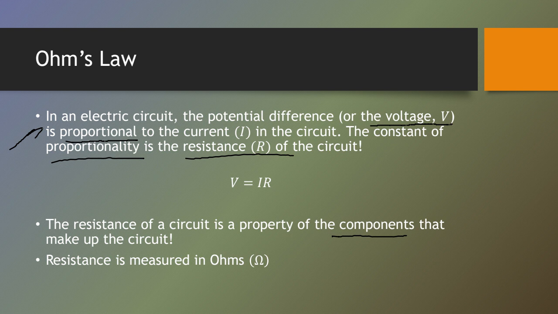And so the resistance is a function of the physical components of the circuit itself. And it restricts the flow of current based on the voltage that's applied across the circuit. Resistance in a circuit is measured in ohms.